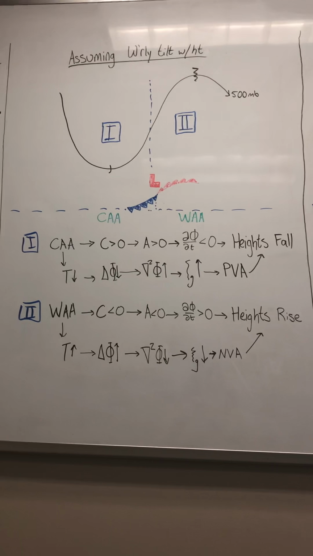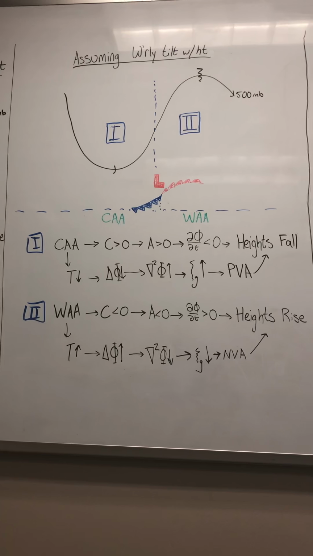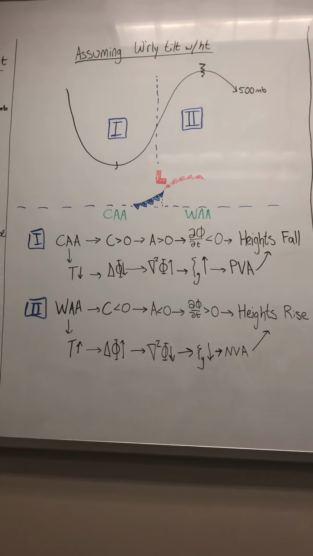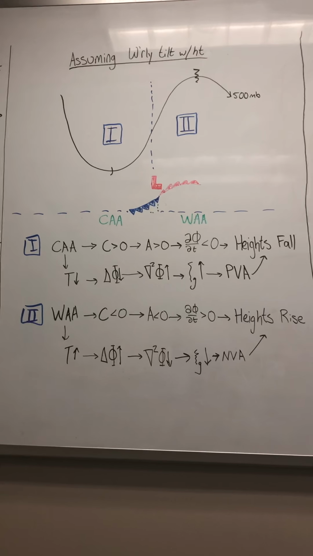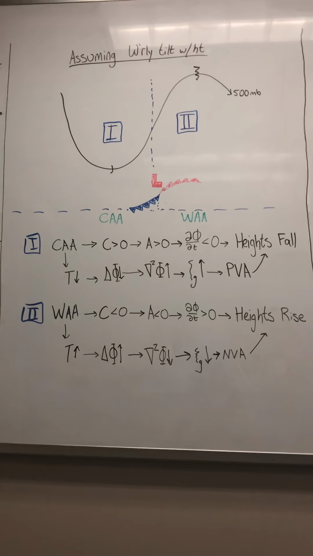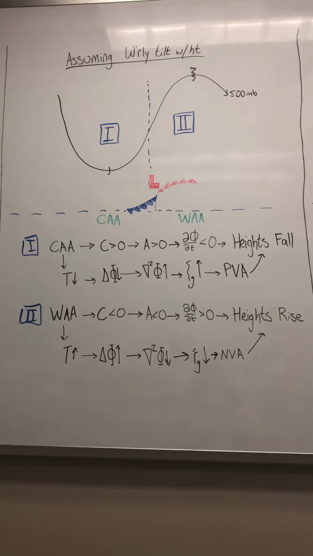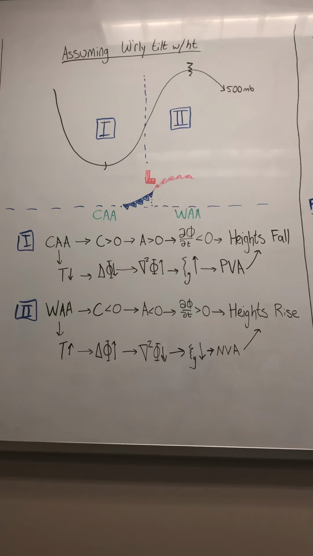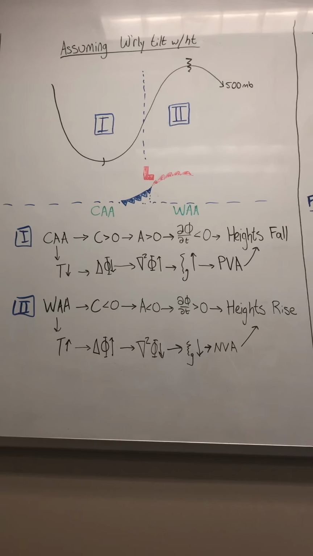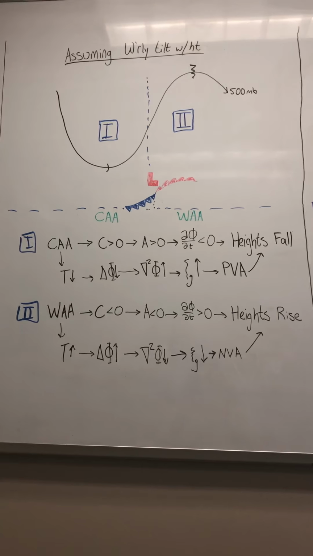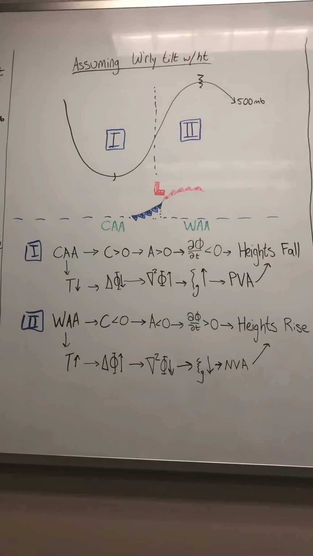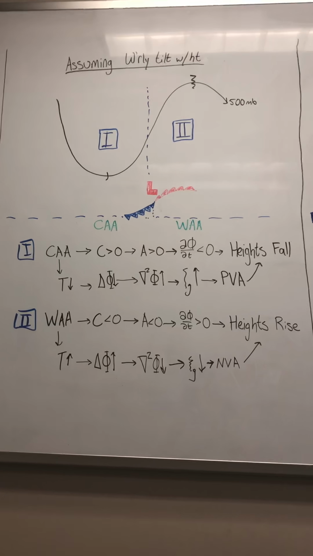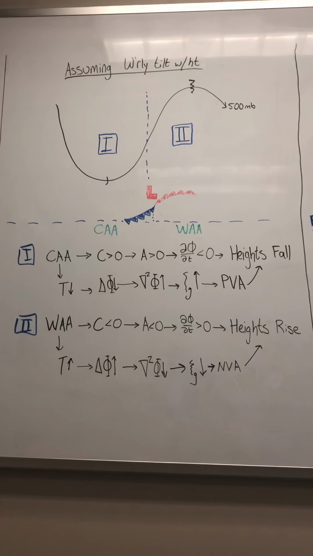We can take the same approach as we did with region 1 and go the temperature route: because temperature is increasing in region 2, we can assume that expansion between the geopotential lines exists, and that del squared of the geopotential is decreasing, implying NVA in the region.